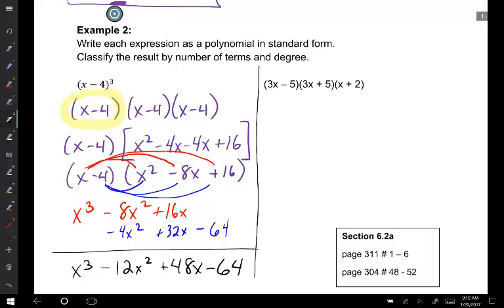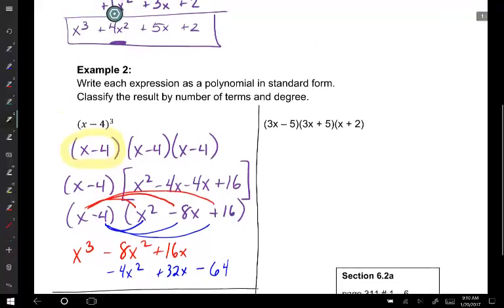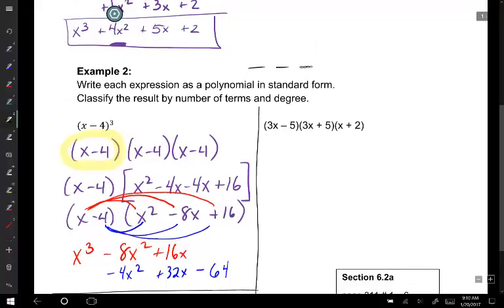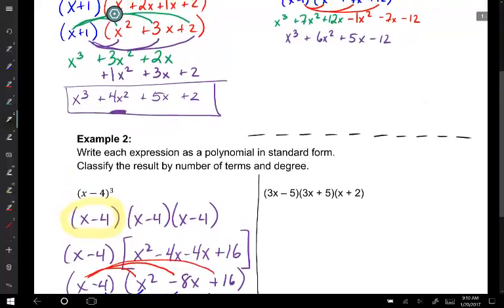This is going to test a couple people's memory. Do you remember what terms like x minus 5 and x plus 5 are called? Who wants to play hangman? Go. A is the first guess.